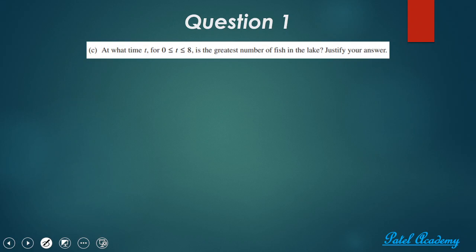Moving on to part C. At what time between 0 to 8 inclusive is the greatest number of fish in the lake? Justify your answer. Alright, so I see greatest number of fish. What does this tell me? Well, this tells me that I'm working towards an absolute maximum.